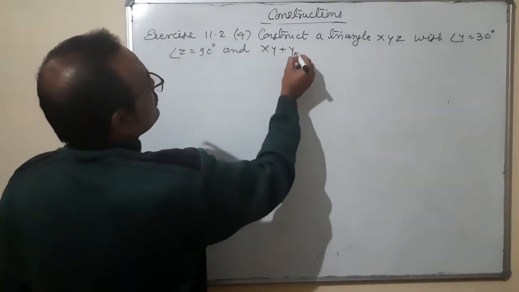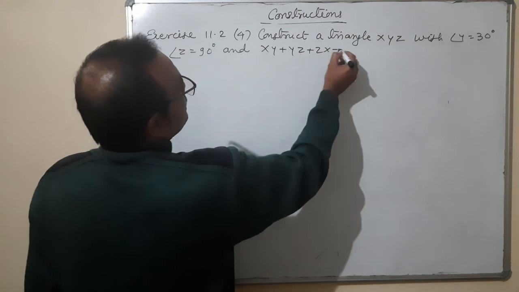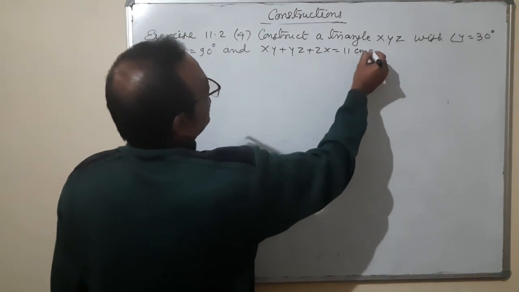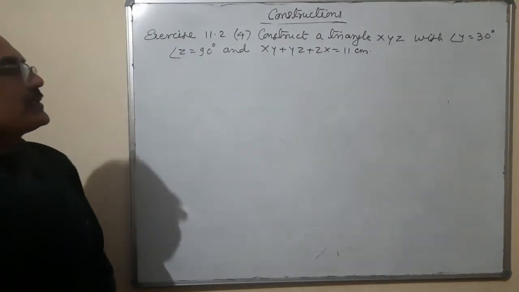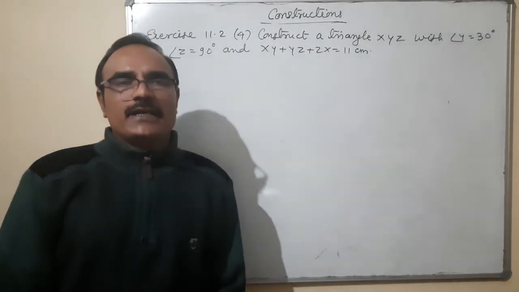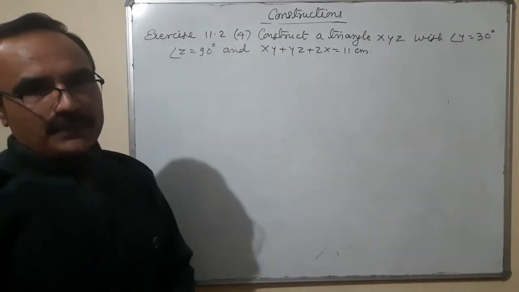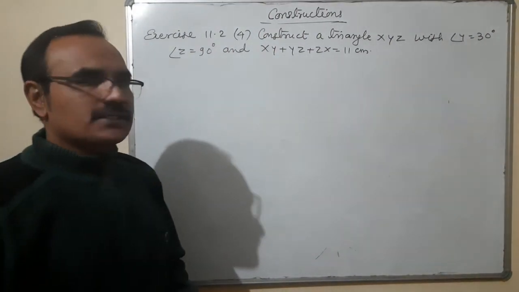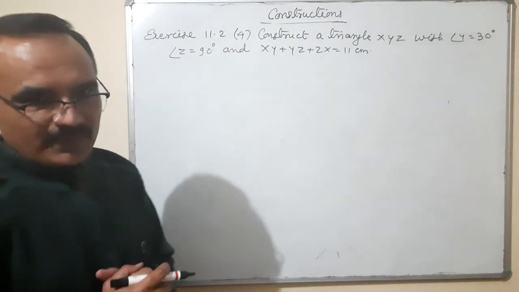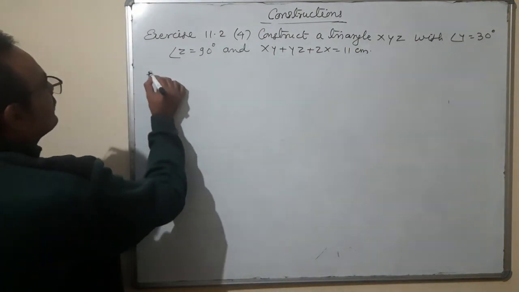Construct a triangle XYZ in which angles Y and Z are 30 and 90 respectively, and the sum of 3 sides is equal to the given 11 centimeter. It's a very interesting question.